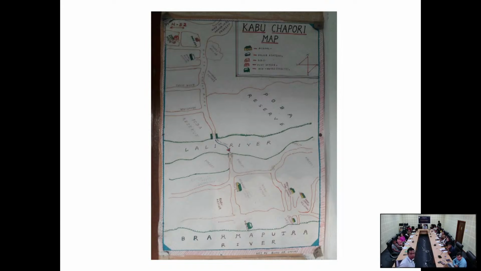If you see this picture, this is mainly participatory GIS, PGIS. Simply looking at the satellite image is not so important. What is important is that we have to understand the ground information as well as the local people of any affected area.